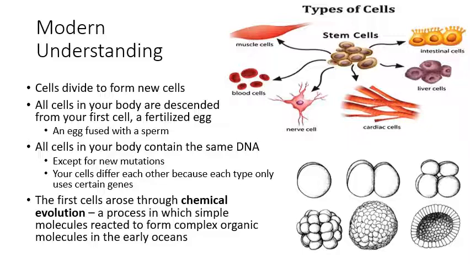So we say that cells divide, they split into two to make two new cells. So that means that for all multicellular organisms, all of the cells in that organism's body will have come from one original cell that divided over and over and over again to form all the cells in the body, which would include your body, of course.